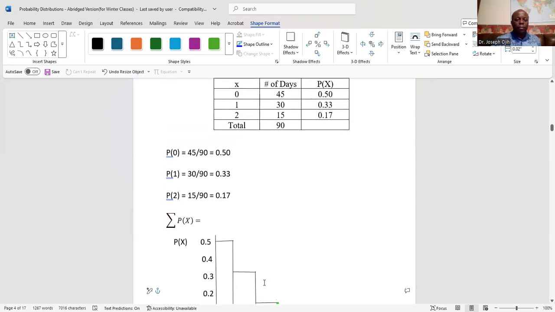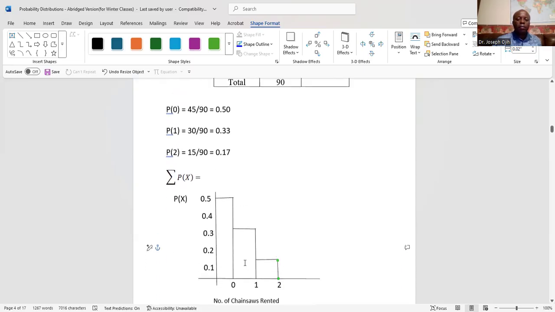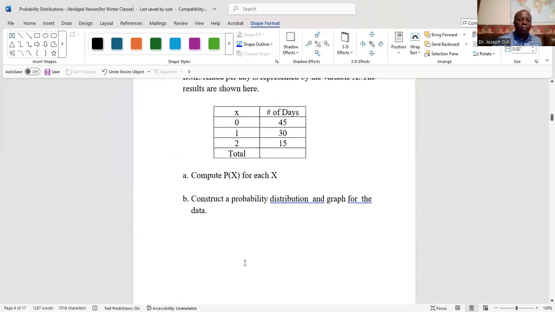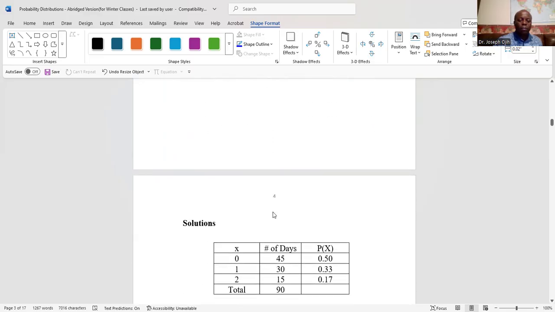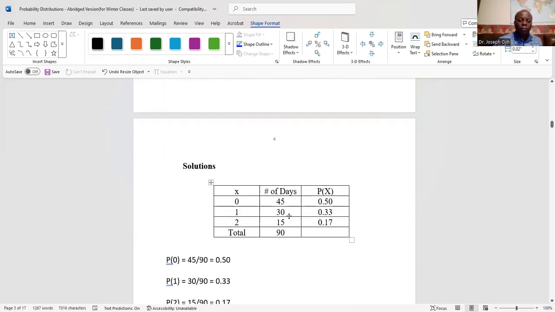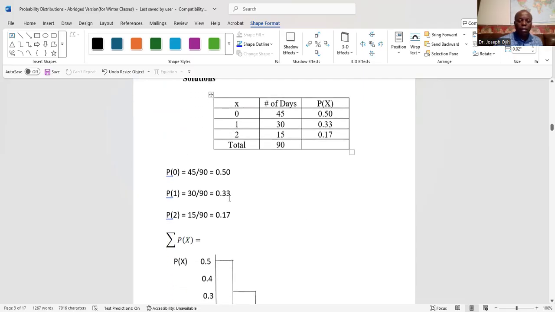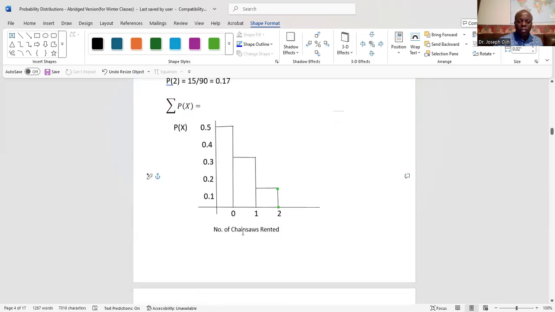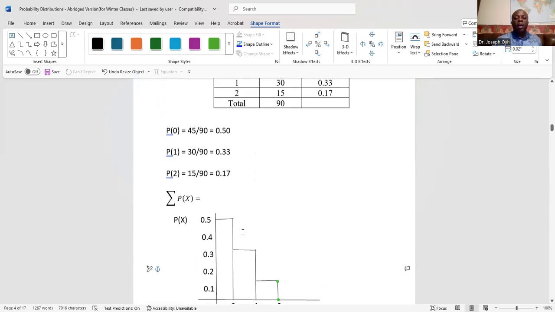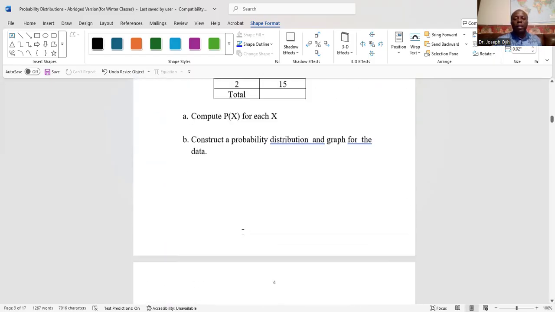So that's the graph. First of all, we calculated the probability to get the probability distribution, the outcomes and the corresponding probabilities. We calculated them here and we drew the graph. Answer the question. Any question on this class?